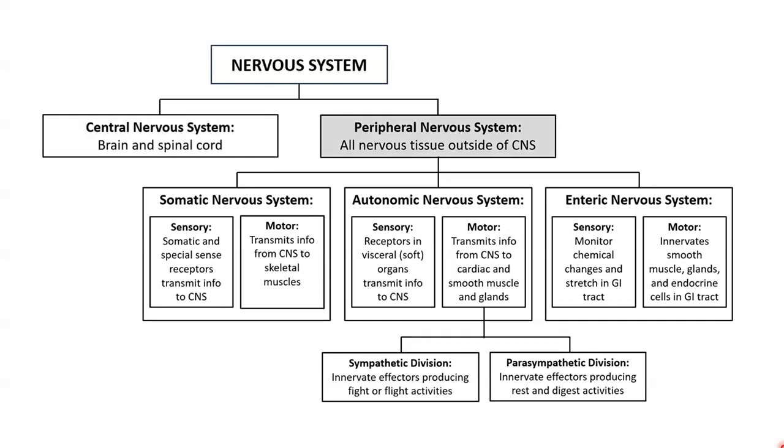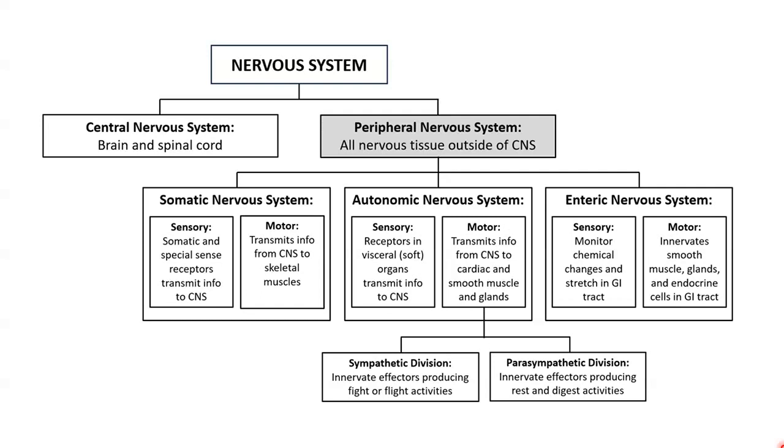The peripheral nervous system then consists of all of the nervous tissue sitting outside of the central nervous system. This includes the cranial and spinal nerves that exit the brain, the brainstem, and the spinal cord, the ganglia or the clusters of cell bodies, the enteric plexuses in the gut, and then all of the various receptors.